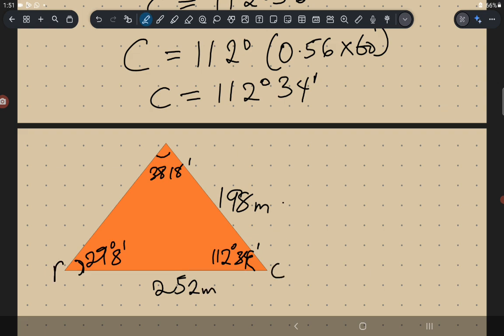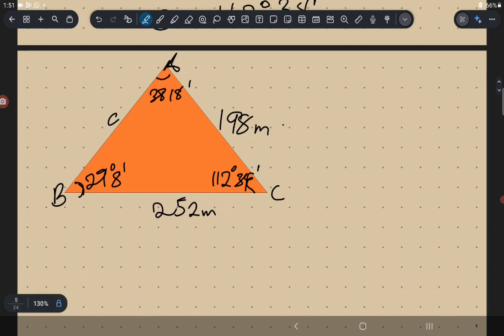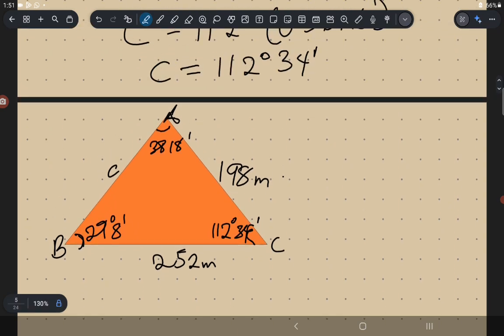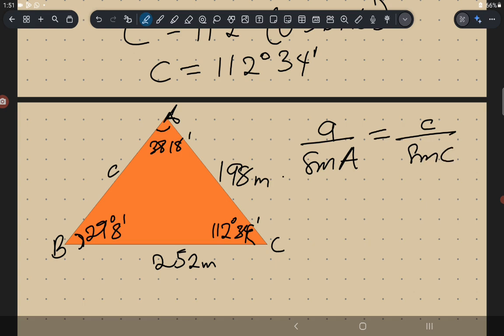So we still have to get the value of small c. We have A, we have B, and C, so it remains small c. Now, to find the small c as at this junction, you can use any of these values. But let's try to use A over sine A is equal to c over sine C. At our value of a, which is 252 from the beginning, over sine 38.3 degrees.